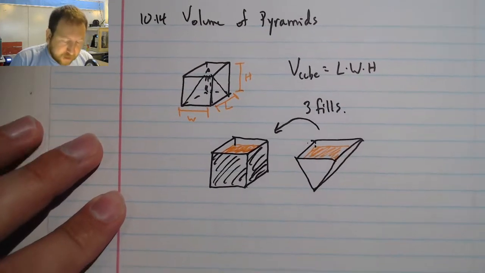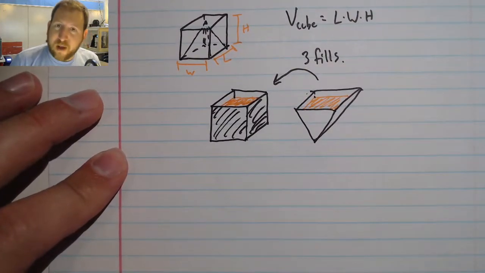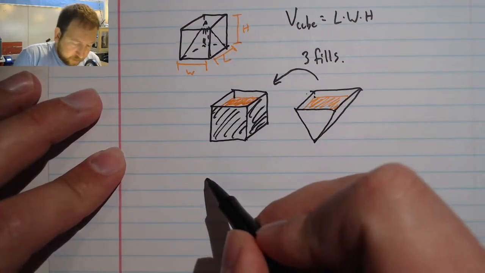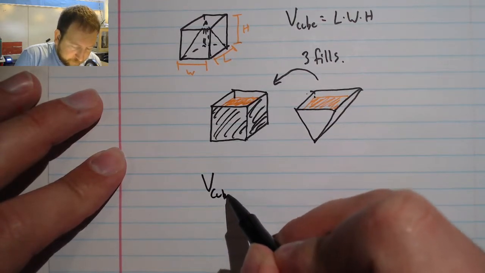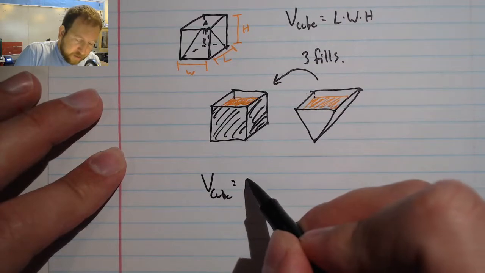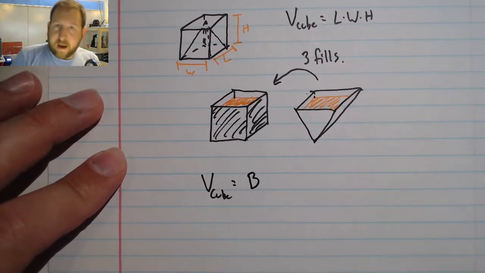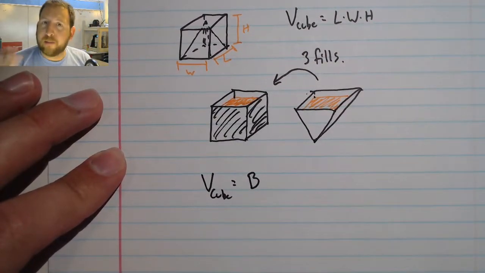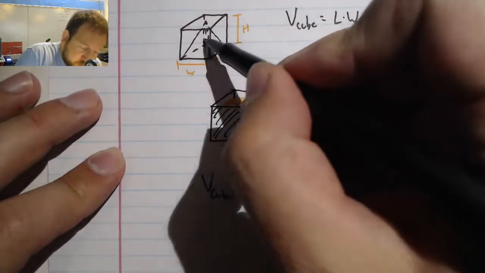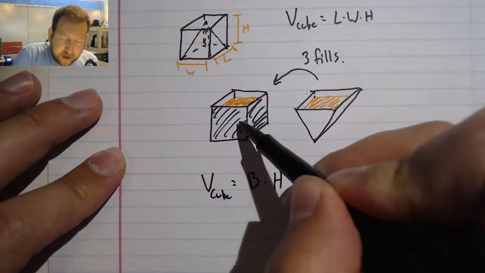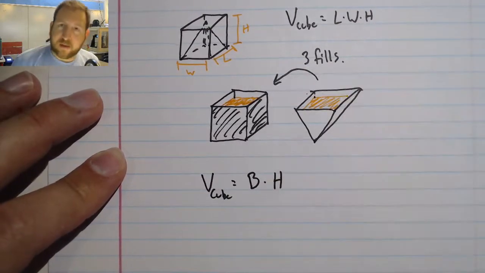In this case, if I was going to make the volume of a cube, I could write the volume as the area of the base, which is what my capital B always means, times the height, which would work for my cube because it's really the area of the square on the bottom times the height going up.